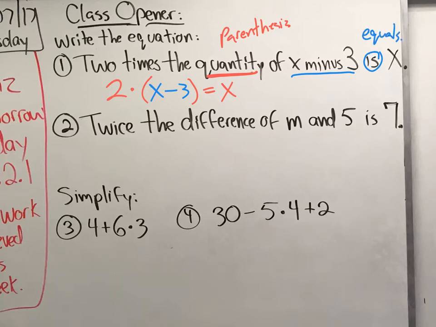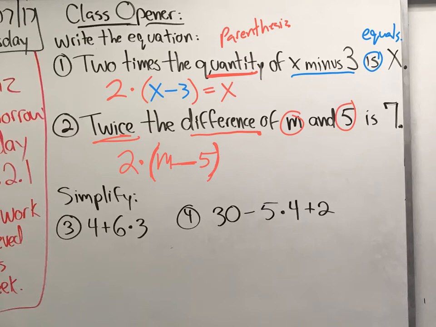Number 2, it says twice. What does that mean? That means 2 times. Now it says the difference, which implies subtraction, of m and 5. So the subtraction of m and 5. So you put the m here and the 5 over here. That's the difference of m and 5. But you absolutely need parentheses.